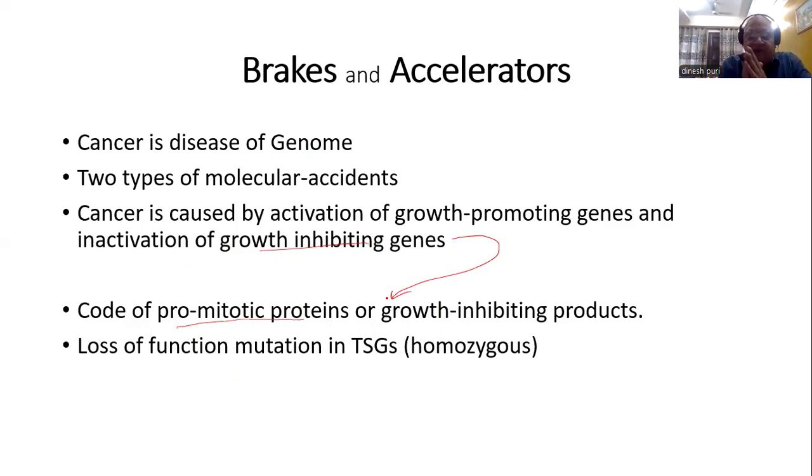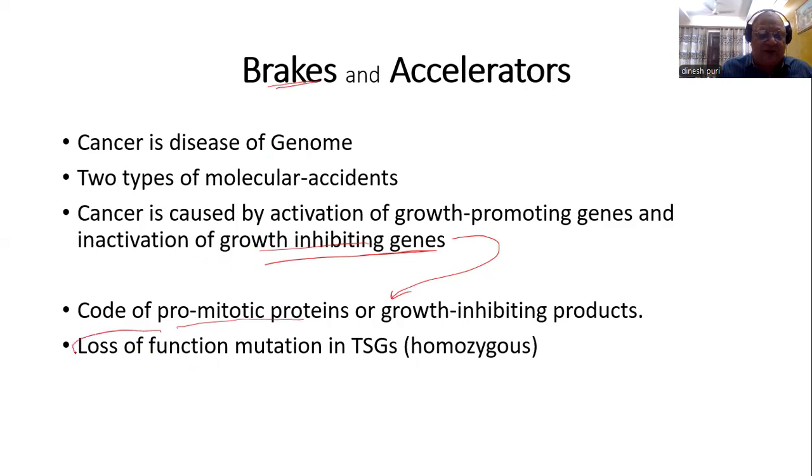So inhibition of tumor suppressor genes is somewhat analogous to brakes, and proto-oncogenes to the accelerator. In a car accident, uncontrolled speed can occur either when the accelerator is excessively pressed or when there is failure of brakes. Similarly, molecular accidents will take place when there is failure of the brake, that is, inhibition of the growth inhibiting genes, which are called tumor suppressor genes.